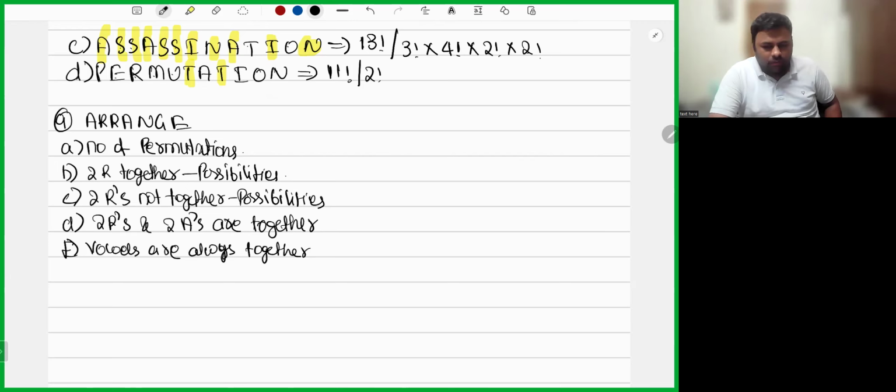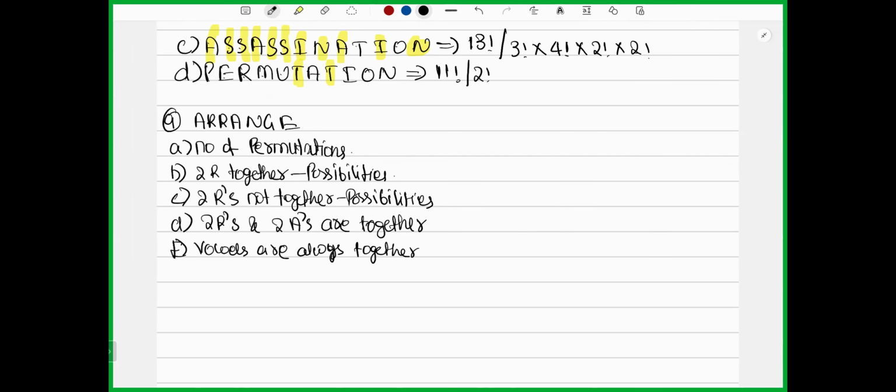Five questions. I'll give you 3 minutes. Please go ahead, solve and tell me. Arrange: how many permutations are possible? How many possibilities are there where two R's are together, two R's are not together, two R's and two A's are together, and vowels are always together?